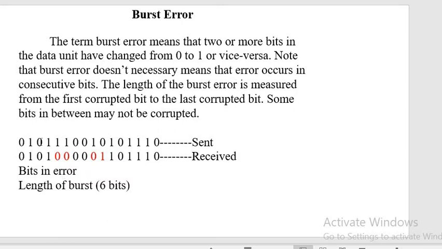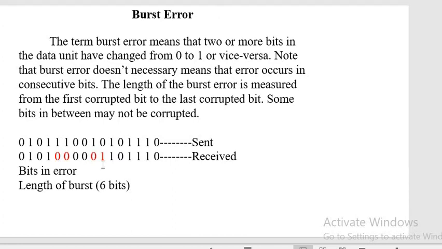See the example, same example, 0101 1100 1010 1110, same. But the received data here, 5th bit and 6th bit corrupted, 9th bit and 10th bit is corrupted. The red color shows the corruption. This is called the burst error.